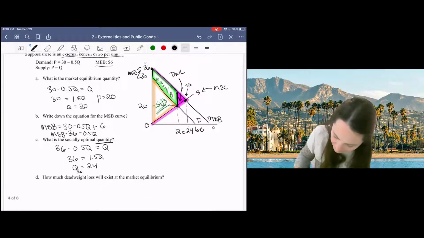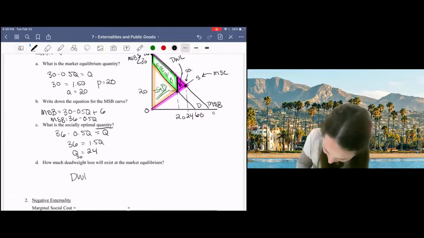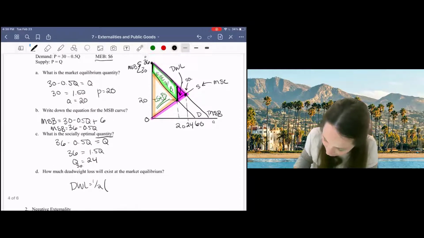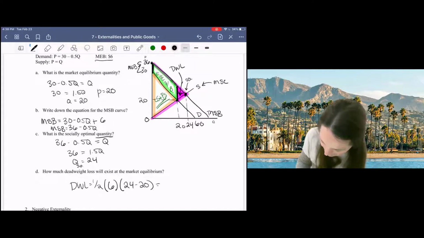And I can find its area by taking 1/2 times the height, which will be the marginal external benefit, 6 in this case. And the width is the difference in the quantities, so 4.